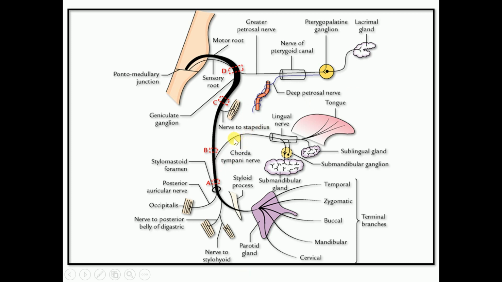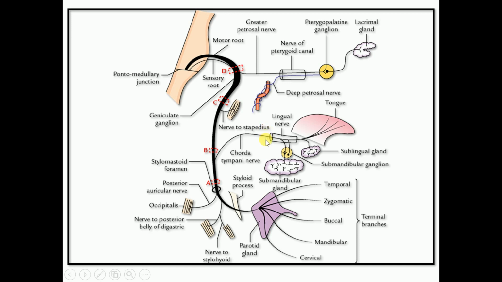It runs across the lateral wall of the middle ear by passing between the long process of the incus and the handle of the malleus, and then leaves the middle ear by entering the anterior canaliculus. Then it traverses the bony canaliculus and enters the infratemporal fossa through the medial end of the petrotympanic fissure.